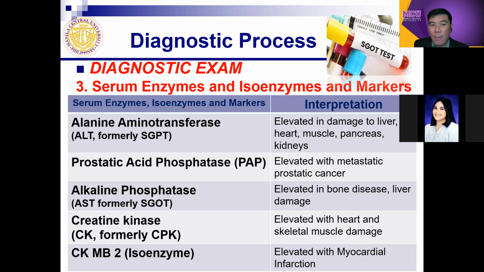So the common test to detect whether it is already a heart attack, the medical term for which is myocardial infarction, or MI. Once there is an MI, the next test to consider is the CKMB. So this will really detect if there is already a heart attack. Because heart attack is different. If the chest pain is, for example, not managed by drugs within 15 minutes, if the chest pain exceeds 15 minutes, it can already progress to a heart attack.